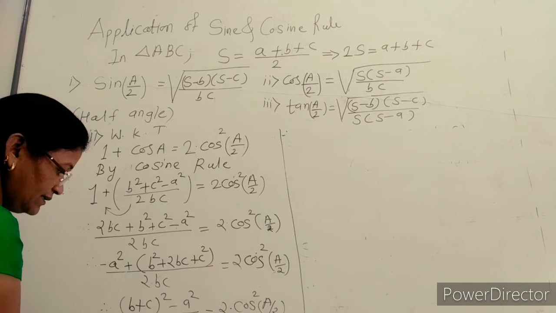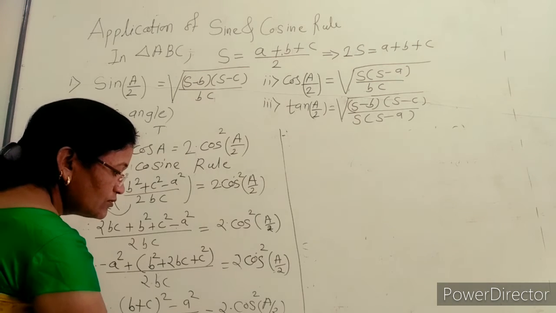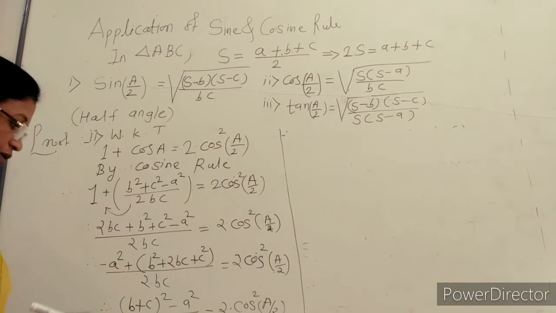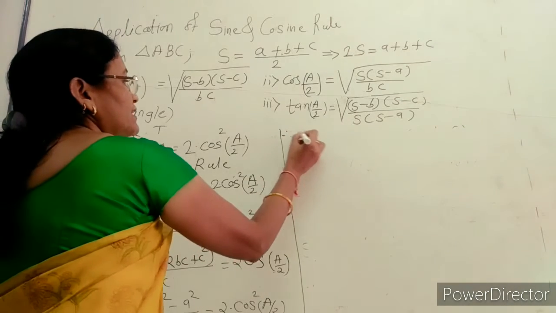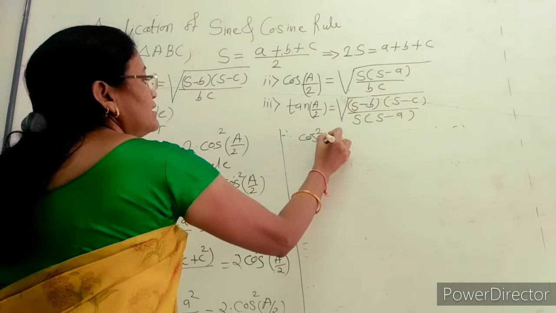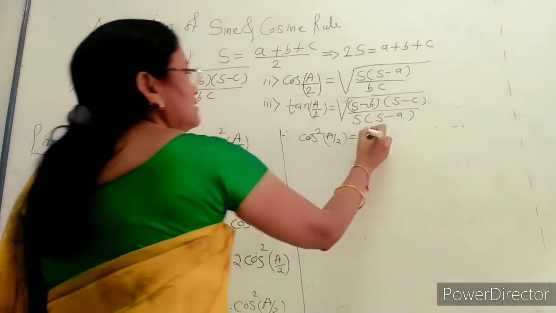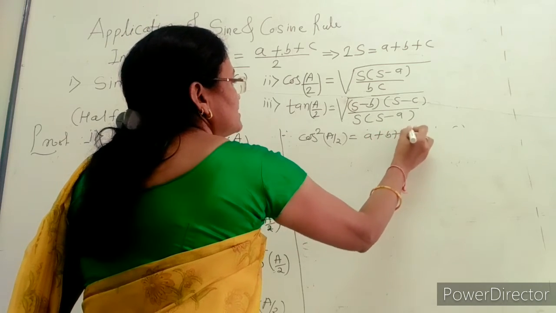Now this 2 is shifted, this twice bc already present here, which is equal to cos square A by 2. Now adjust the result b plus c plus a by using the triangle property. So we take here cos square A by 2. Now the first bracket, written in symmetric manner, is a plus b plus c.